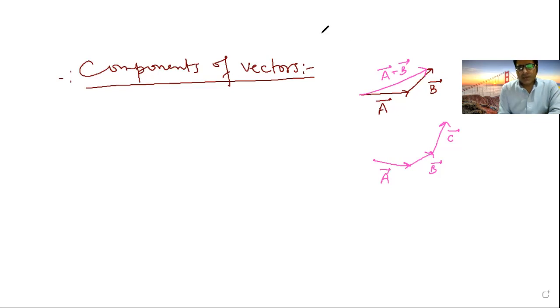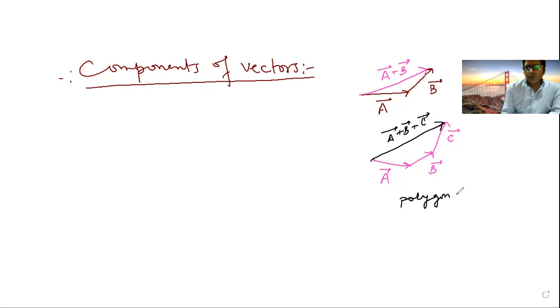Then the vector pointing from the tail of A to the tip of C is A plus B plus C, right? This is called the polygon law of vectors.